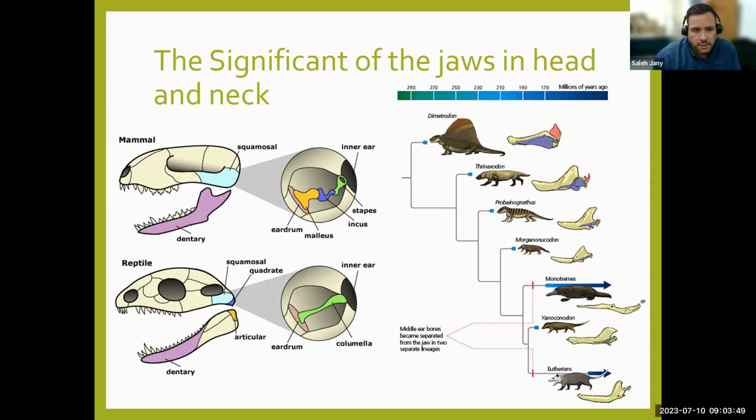The mandible, which in old mammals they call the dentary, became just one bone. And the maxilla is just the base of the skull. So the evolution of jaws starts before the evolution of the ear, eyes, and even other parts of the nervous system.